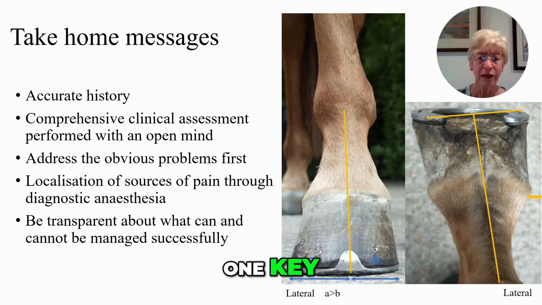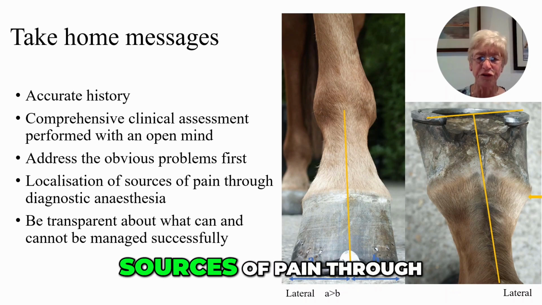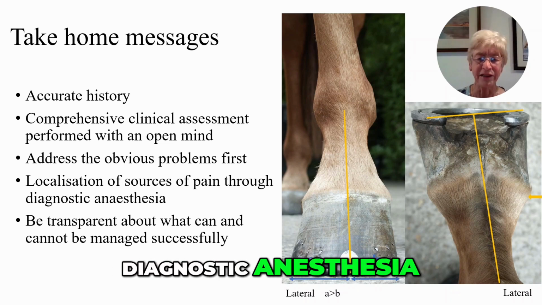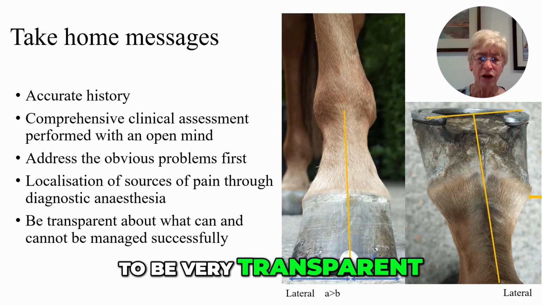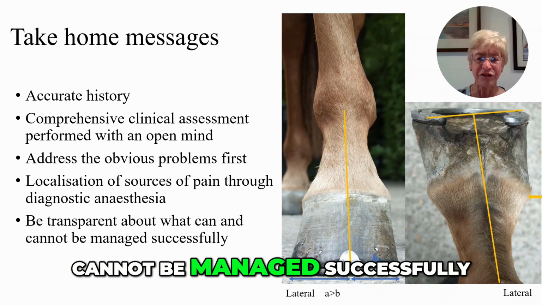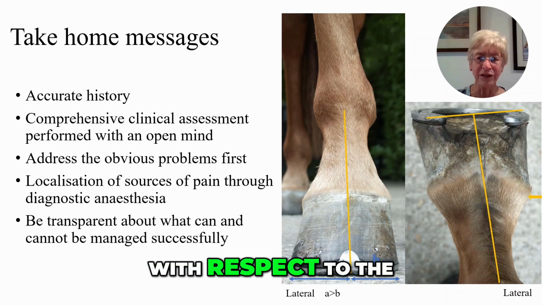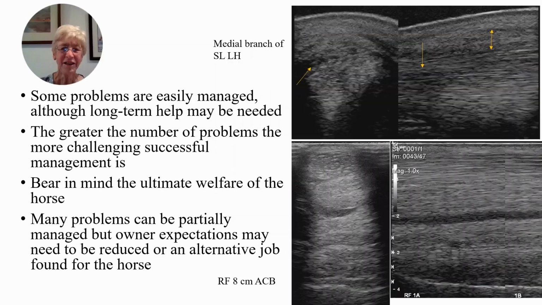One key important fact is that we must localize the sources of pain through diagnostic anesthesia. And then we have to be very transparent about what can and cannot be managed successfully with respect to the optimal outcome for this horse.